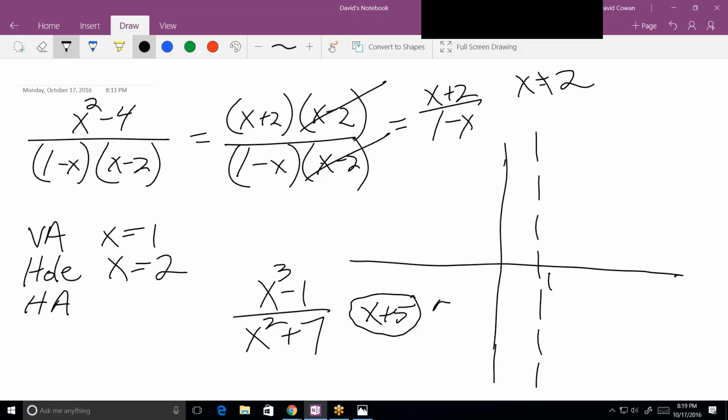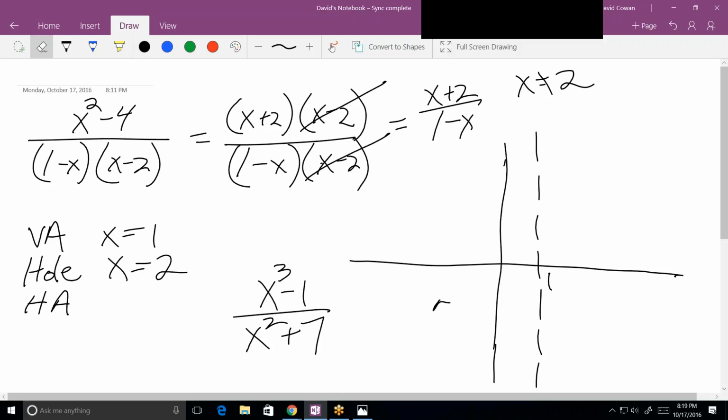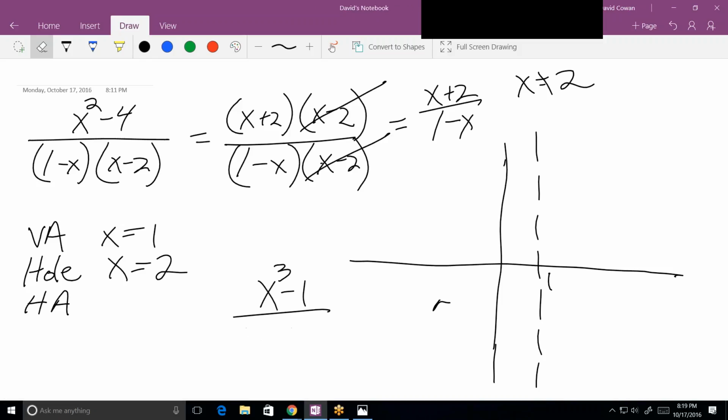Okay, so that's the only kind of horizontal or slant asymptotes that you're going to have. It all comes down to the highest degree in the numerator and the denominator, and what their coefficients are. So in this case, what do we have in the numerator for the highest degree, and what do we have in the denominator for the highest degree?